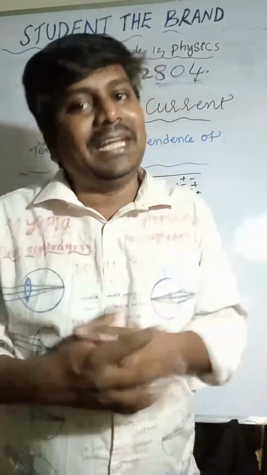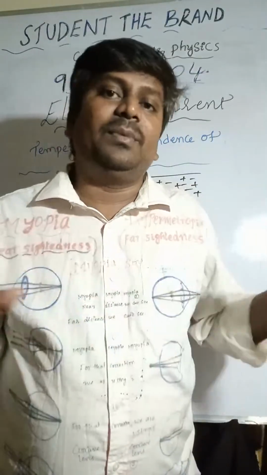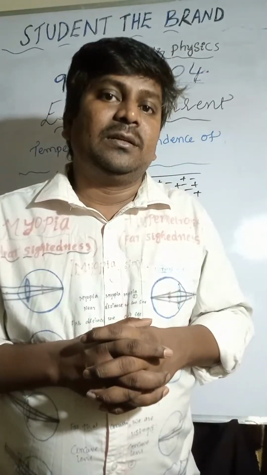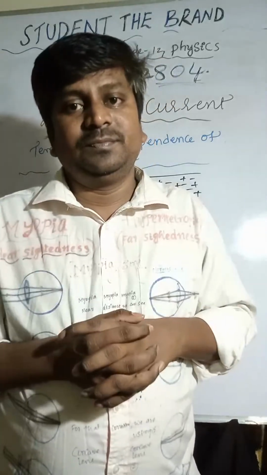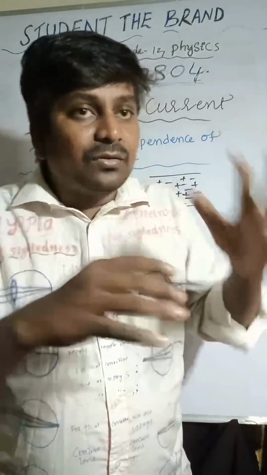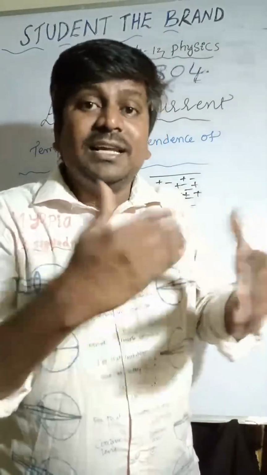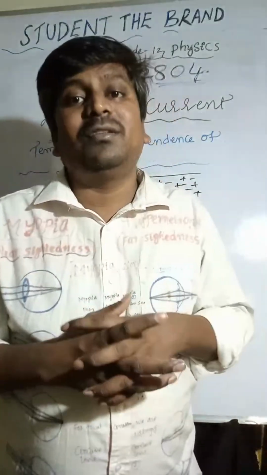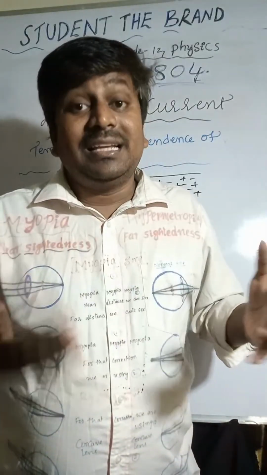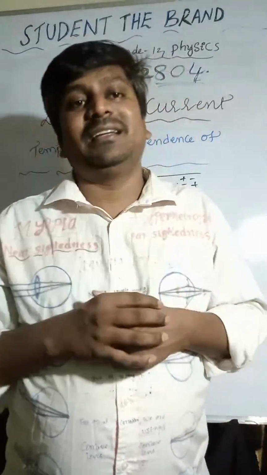More frequent collisions will take place. Then what happens? You tell me. That time electrons will move in that particular area only. Collisions keep on taking place, it won't move forward. Then resistance and resistivity increase.